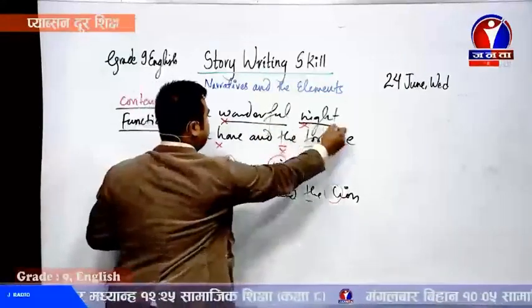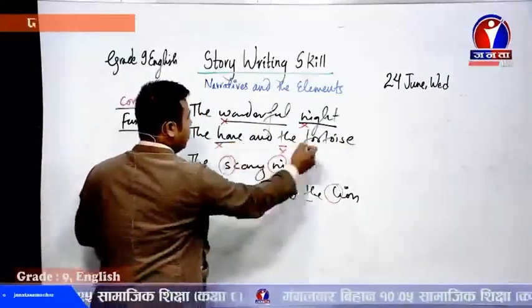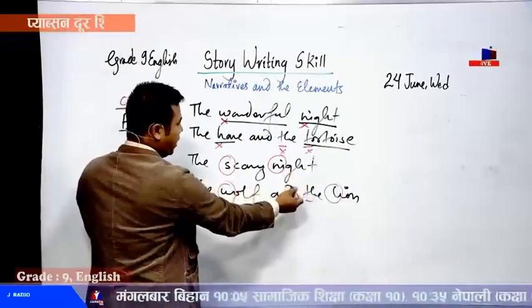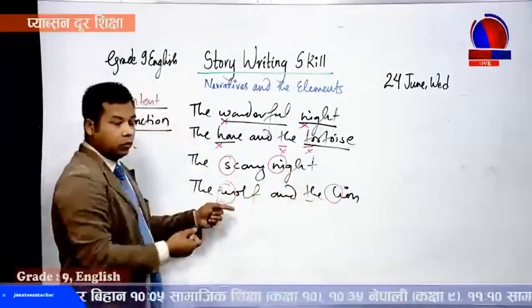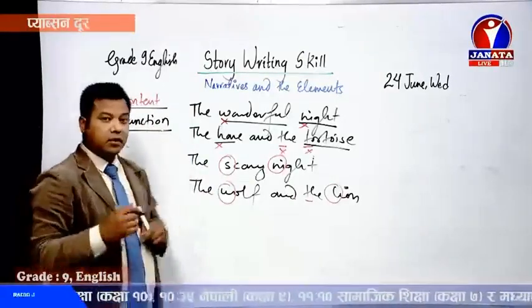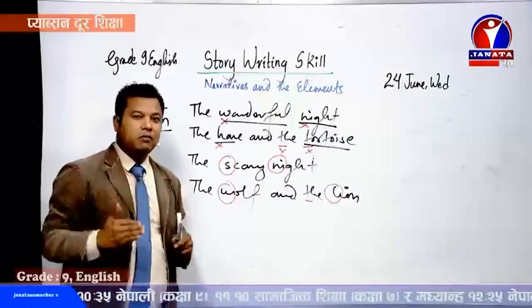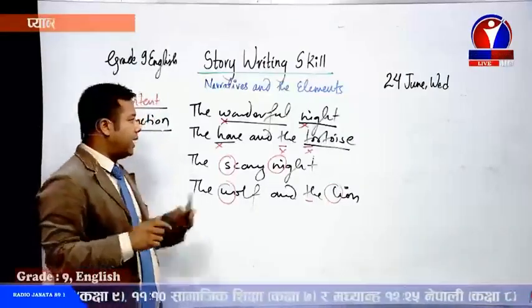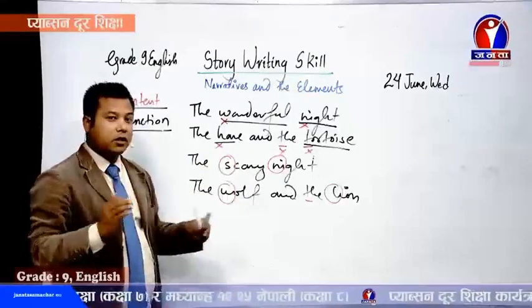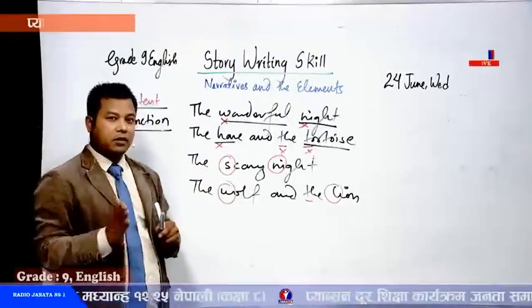I know what night is. I know what hare is, what tortoise is, and similarly, I know scary, night, lion, and wolf. These are content words. Function words are the words which do not make their individual meaning unless you use them in a sentence, like though, and. All the prepositions and conjunctions are actually considered function words.